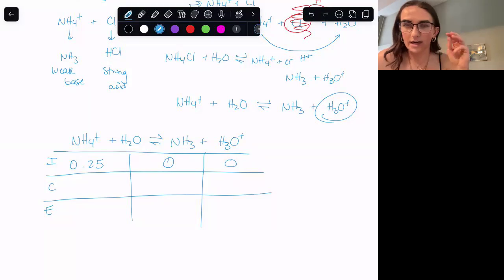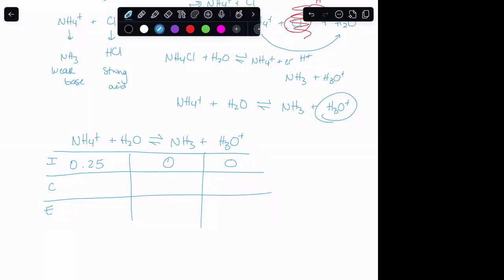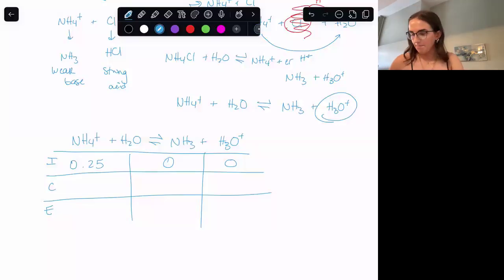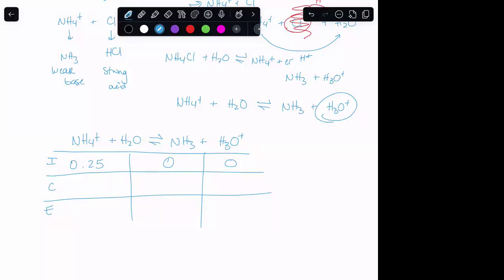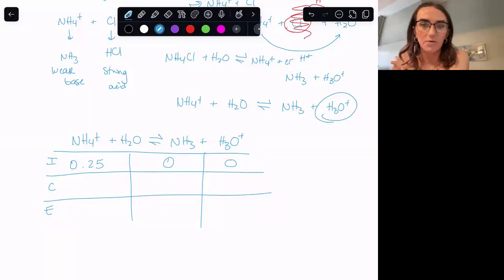The chlorine does not fall into any of those categories. The chlorine is not the acid, it's not the conjugate base, and it's not the hydronium ion. So we don't use it in our ICE table because it's not contributing to Ka. You can't categorize it as something that you would put into the Ka.